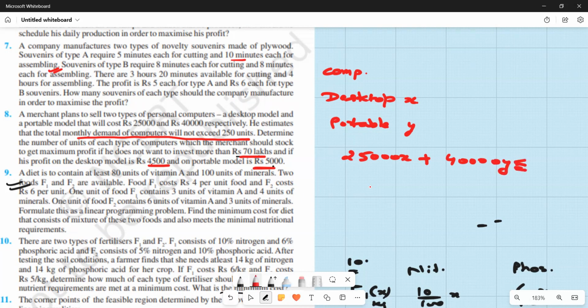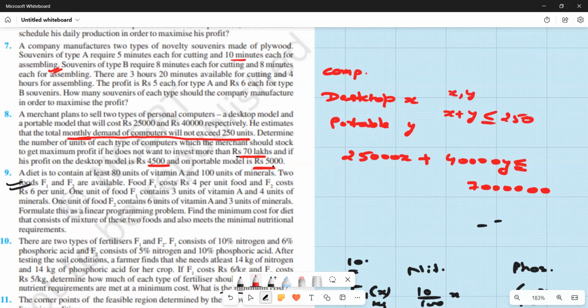And how much investment does he want to do? 70 lakhs. So that should be less than or equal to 70 lakhs. Right? So one equation is this. Second equation you are getting from here. Total monthly demand means x plus y will not exceed, means less than equal to 250.